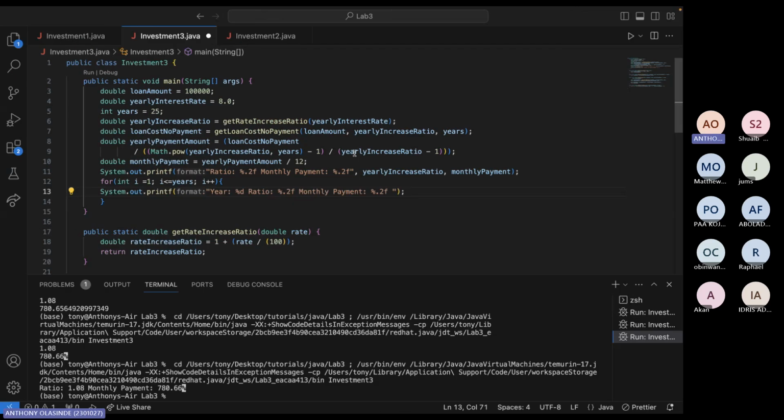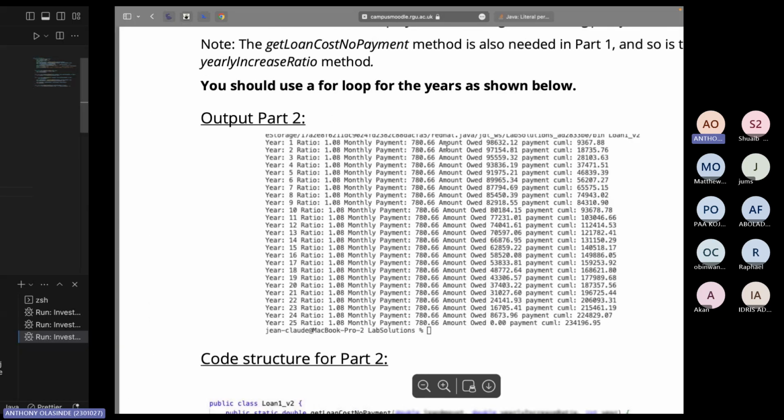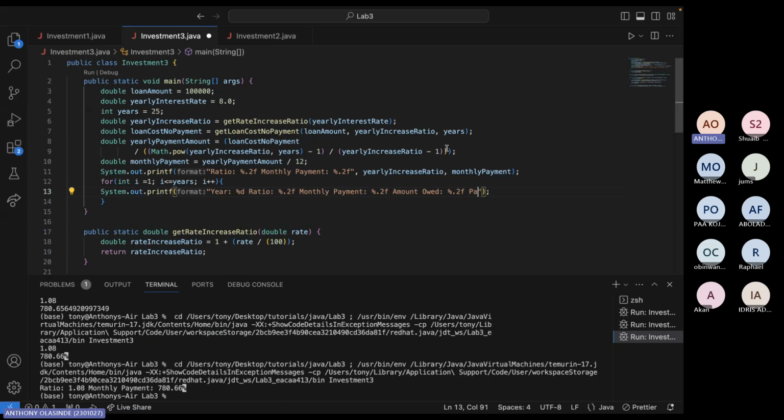And we have amount owed, which will also be %.2f. We have payment accumulation, which is also %.2f.